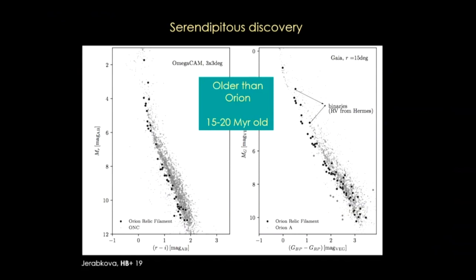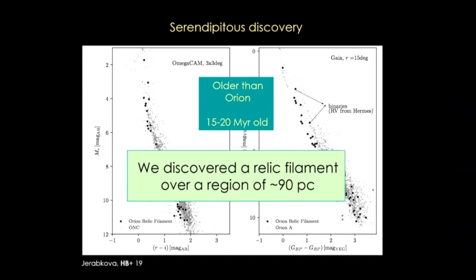So in fact, this is a population of stars which is older than Orion, 15 to 20 million years old. And so this means that we discovered a relic filament over a region of about 90 parsec, which is the extent where we discovered that.